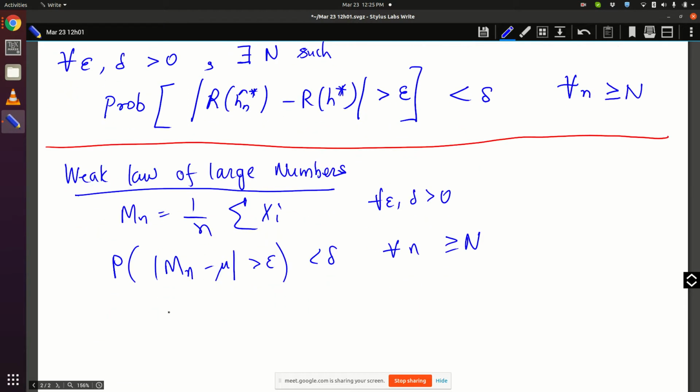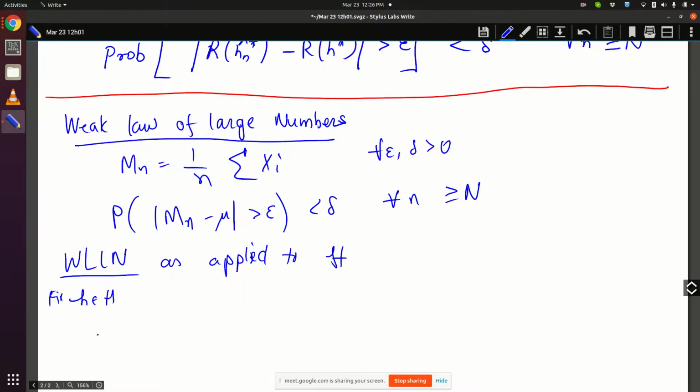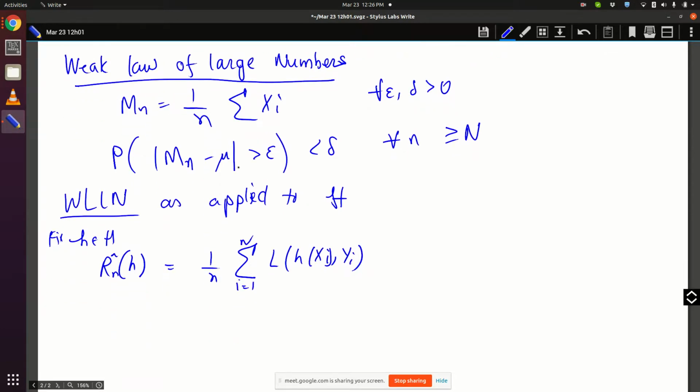Now we are going to apply the weak law for our bag, the weak law of large numbers as applied to H. Fix an h belonging to H. Now I will have Rn hat of h equal to 1 over n times the summation of L of h of xi comma yi, for i equal to 1 to n. Now what was mu?